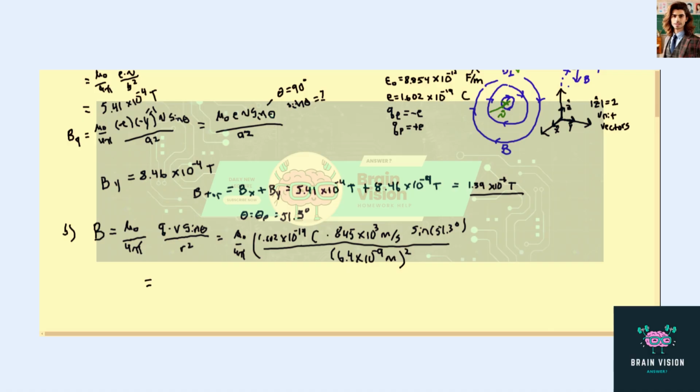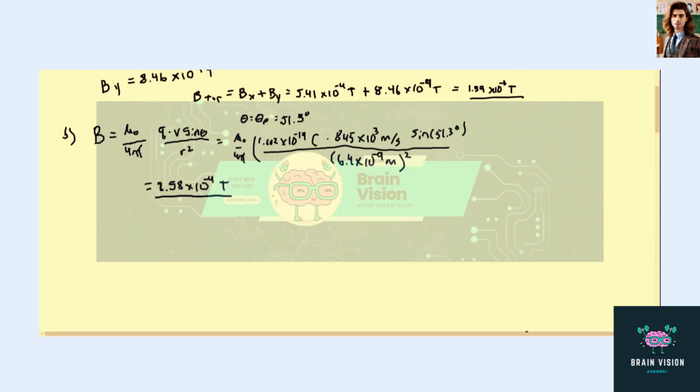And this gives us 2.58 times 10 to the minus 4 Tesla. So that was for part B, which was the magnetic field at the point of the proton from the electron.